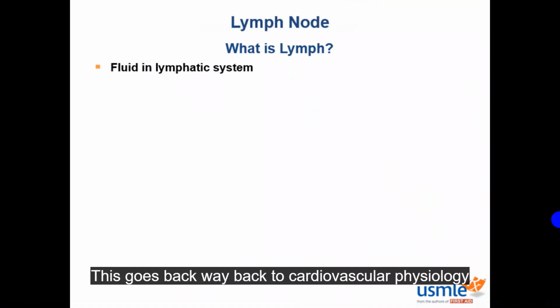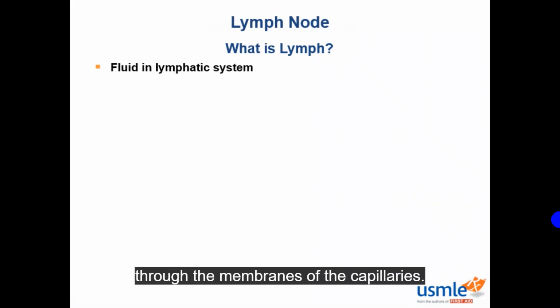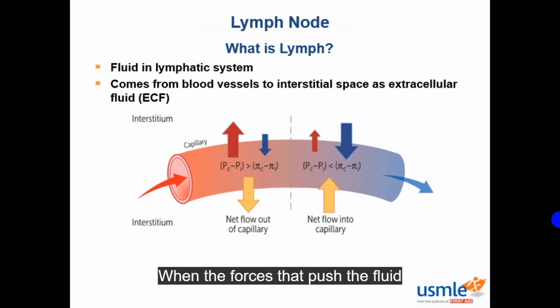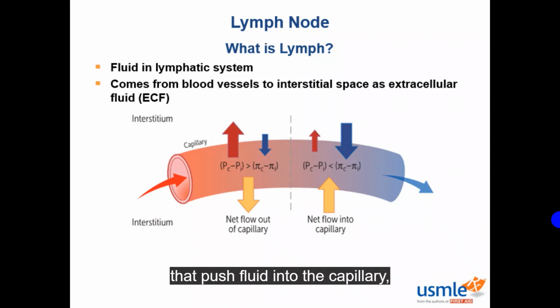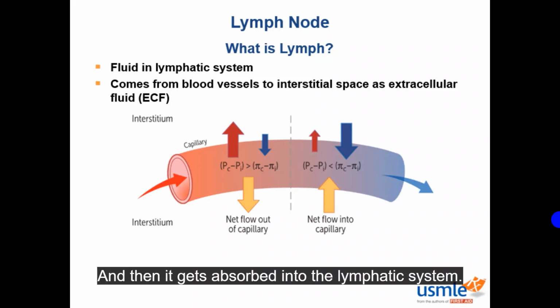This goes back, way back, to cardiovascular physiology and the Starling forces, which determine fluid movement through the membranes of the capillaries. When the forces that push the fluid out of the capillary, which are the capillary pressure and the interstitial fluid colloid osmotic pressure, outweigh the forces that push fluid into the capillary, which are the interstitial fluid pressure and the plasma colloid osmotic pressure, then fluid leaks out into the interstitial space, and it gets absorbed into the lymphatic system.